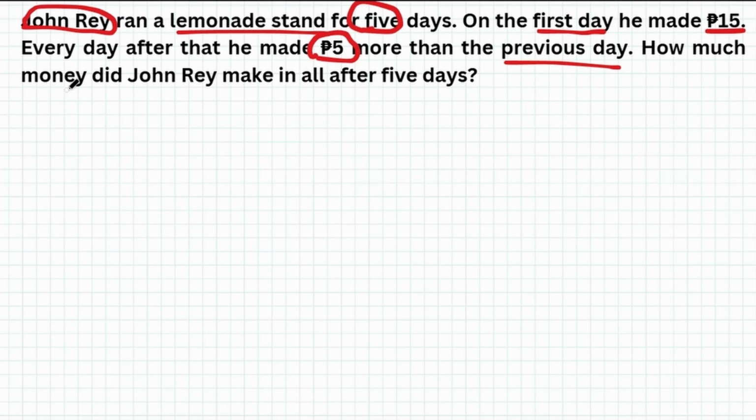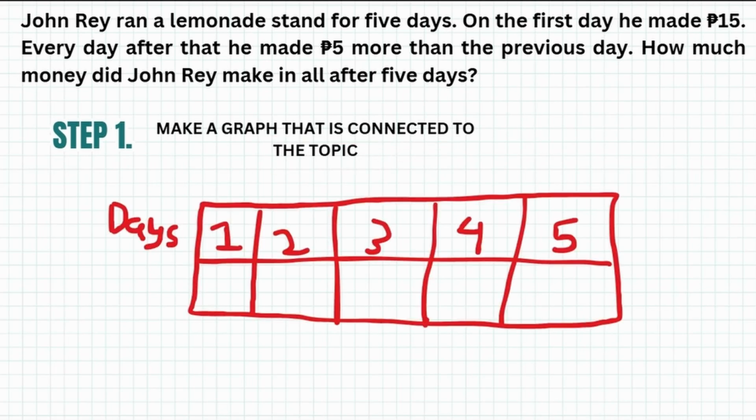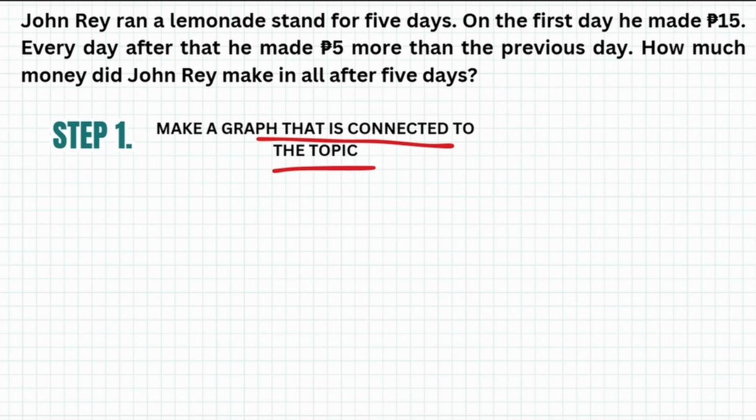How much money did John Ray make in all, after 5 days? So, step 1: make a graph that is connected to the topic. It's not really a graph, it's more like a table.